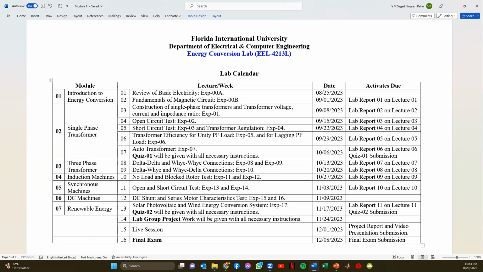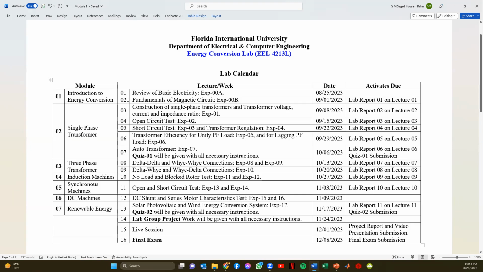In energy conversion, especially electrical energy conversion, electricity and magnetism are the most crucial aspects. With that knowledge, we'll be able to convert energy from one form to another. So we'll review this and also learn something new in lecture 2.